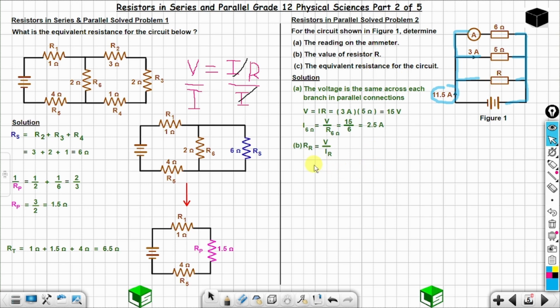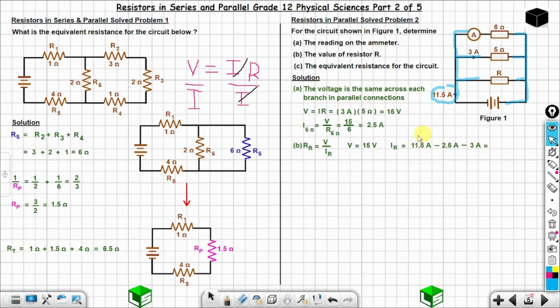So we know that we have V. We need the current through the resistor R. We have the total current. So the current through the resistor R is equal to the total current minus the current on this branch, which is 2.5, minus the current on this branch, which is 3.